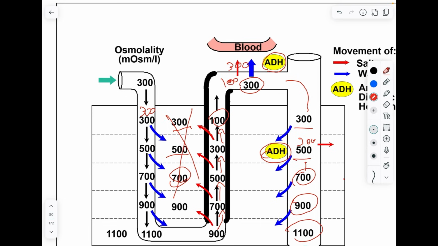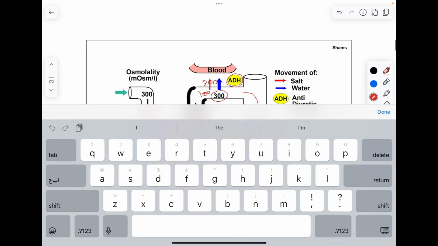It will see that it's 300, it will continue as normal. But when it sees it's 500, it pushes water out to balance out. But now that you get rid of this hypertonic interstitium, it will see it as 300, normally, so it will continue at 300. What does that mean? Water is not being pumped out here, because the interstitium is not hypertonic anymore. I hope that makes sense.